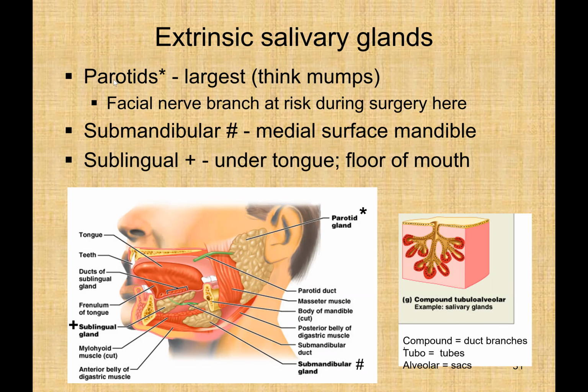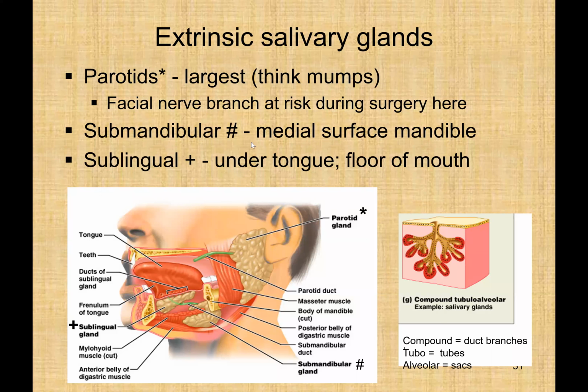So the parotid glands are the largest, and the facial nerve, which is the 7th cranial nerve, branches into it. So if you are not careful during surgical operations, and you work on the parotid gland and cut the facial nerve, the person will suffer from muscular ptosis of the face, so the face begins to droop.